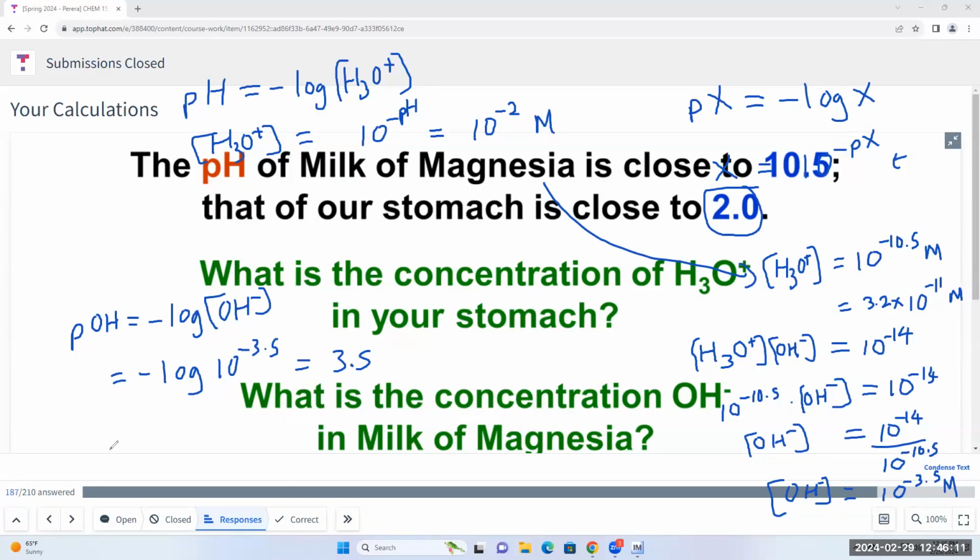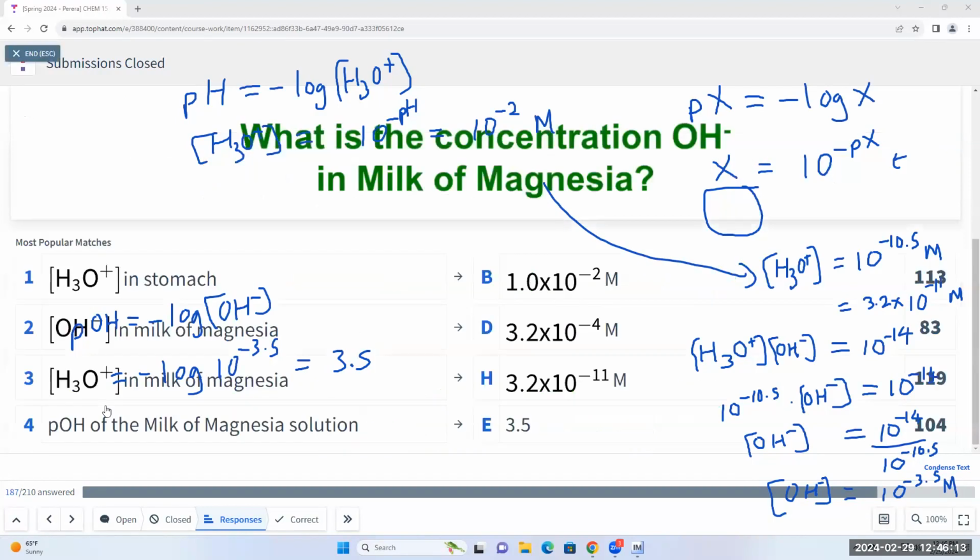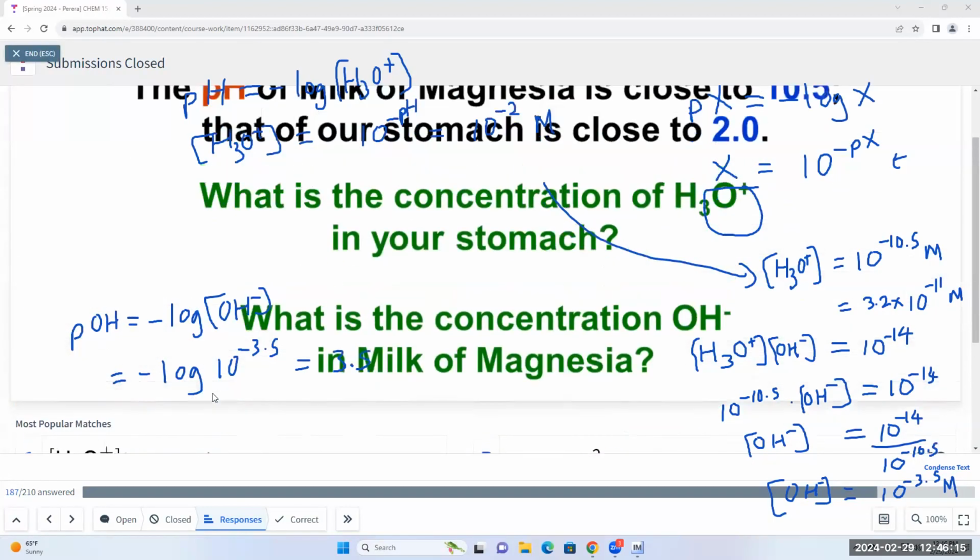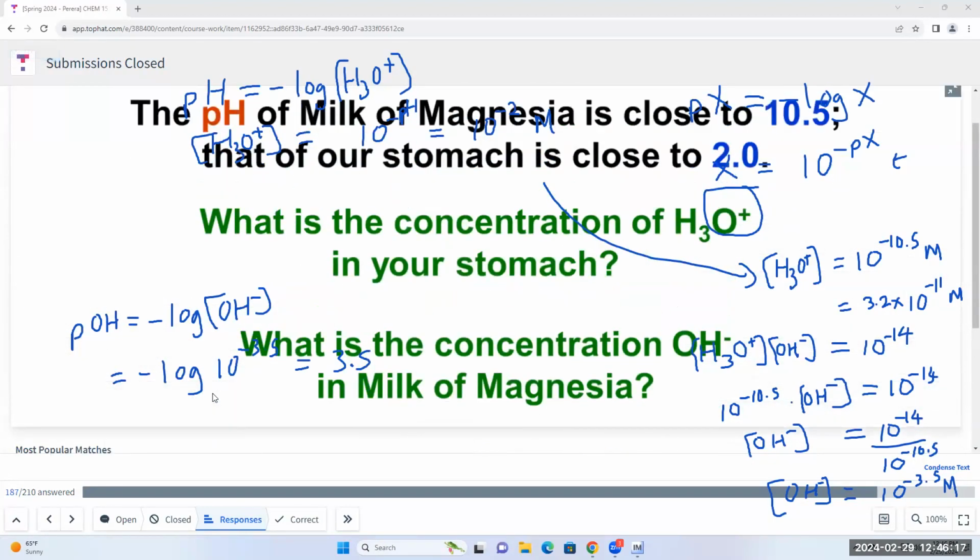That's it. I think that's all the questions we have there. If you put 10 to the power of negative 3.5 in the calculator, it is 3 point something times 10 to the power of negative 4. It's the same thing. So this is just working with the log scale here.